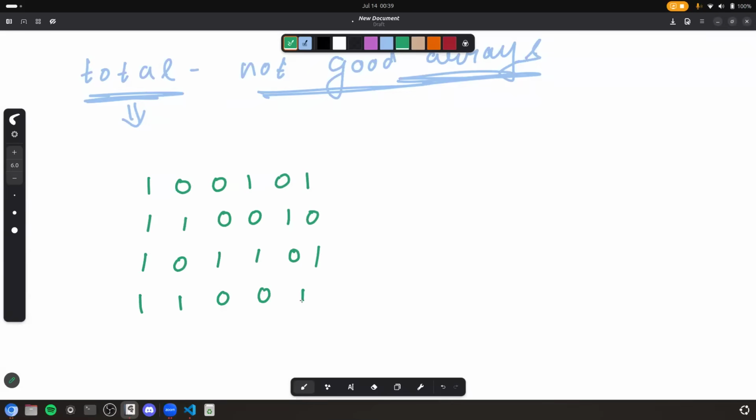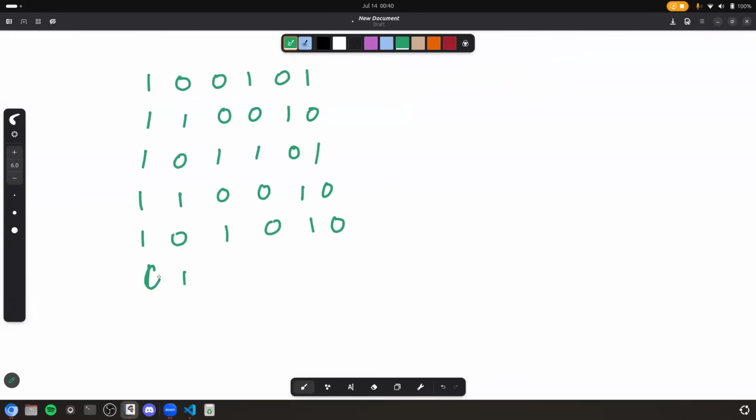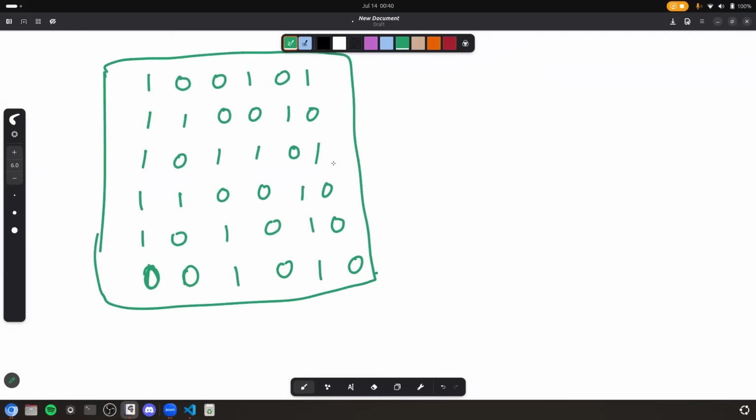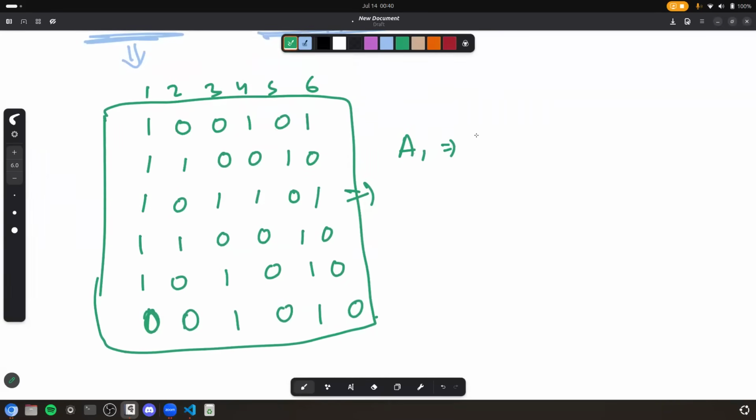So let's say this is a binary matrix M, and we need to find all of the A's that can be formed from this binary M. So we know that A1 would have three choices. Basically 1, 2, 3, 4, 5, 6. So A1 would have three choices.